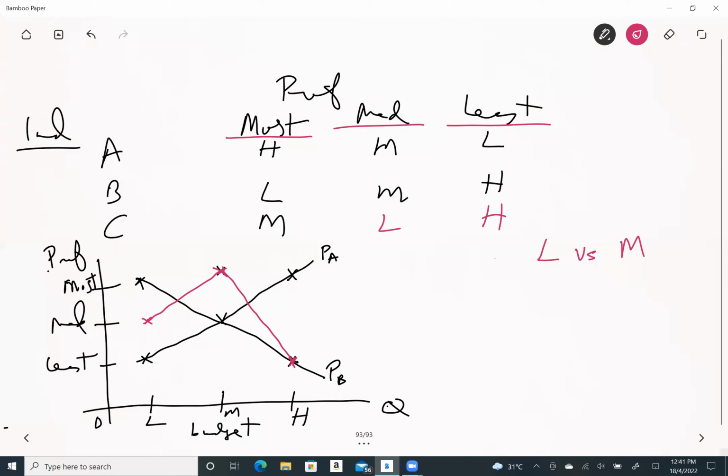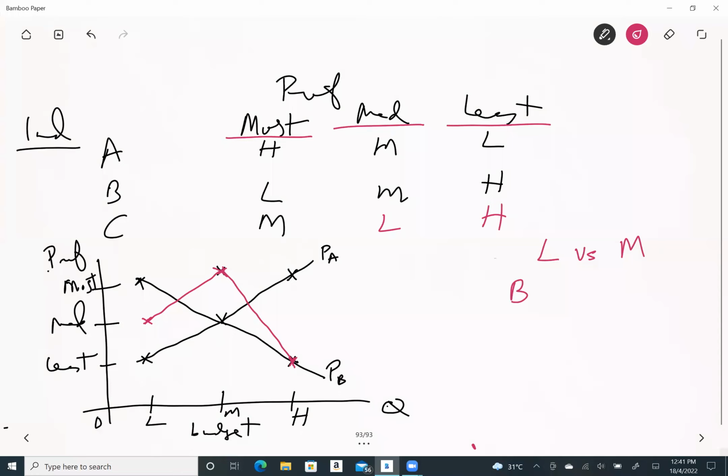L versus M. Kita tunggu sekejap. Okay, who votes for L? That is the thing. Who votes for L? That means who has L as the most preferred. B. So B votes for L.